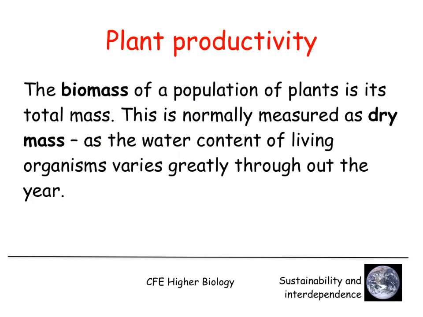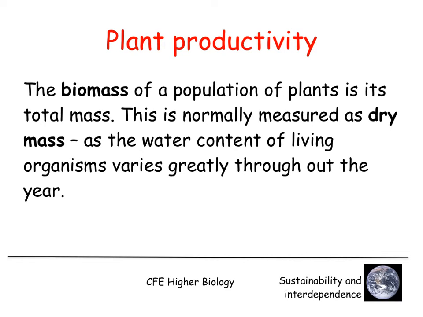So first of all, when we're talking about plant productivity, how do we measure that? Well, we measure that by looking at the biomass of the plants, of that population of plants, that is its total mass. And how we measure that mass is usually by measuring the dry mass. So the water content is dried off, and that is because the water content varies in living organisms.